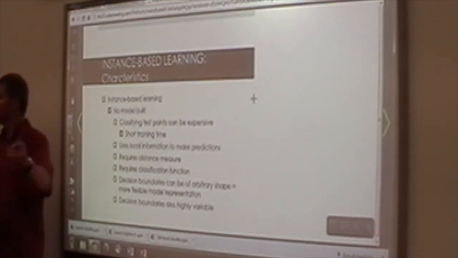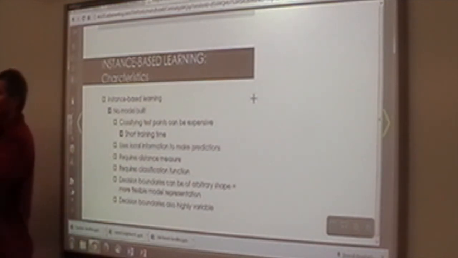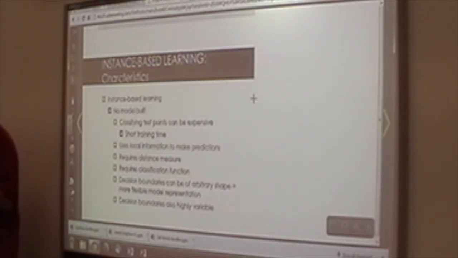Here, the model building is cheap, but applying the method to your test sets and real world data is very time consuming. So what would you use this for? We'll come to that. There are advantages, and they're farther down here.